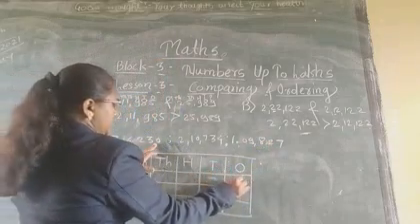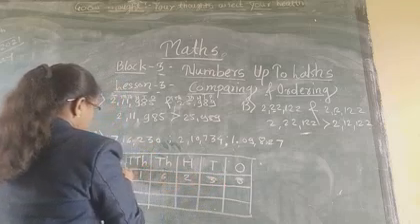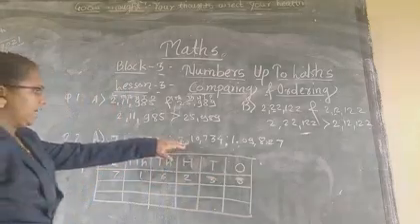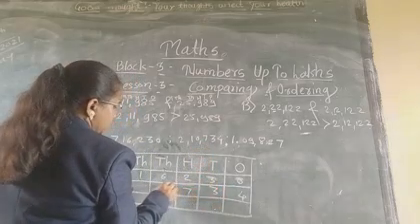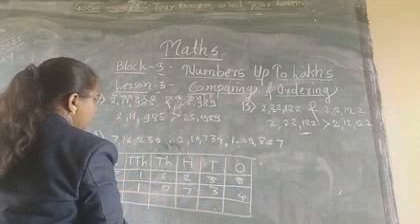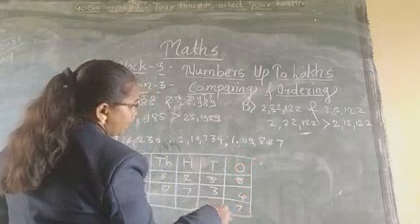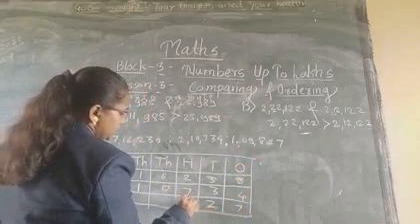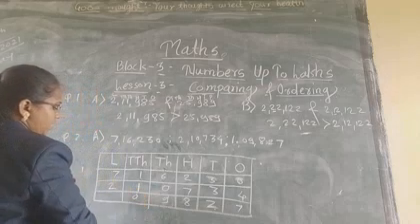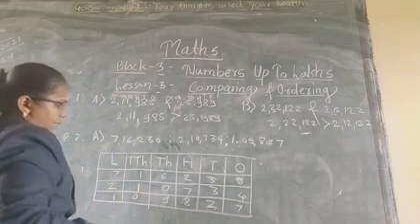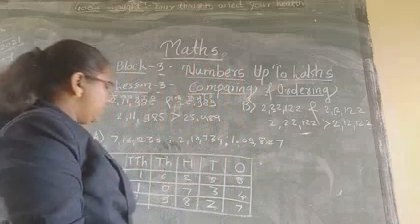First number: 0, 3, 2, 6, 1, 7. In the second number: 4 ones, 3 tens, 7 hundreds, 0 at ten thousands, 1 thousand and 2 lakhs. In the third number: 7 at ones place, 2 at tens place, 8 at hundreds place, 9 at thousands place, 0 at ten thousands place and 1 at lakh place. This is the place value chart. Then we arrange in ascending order.